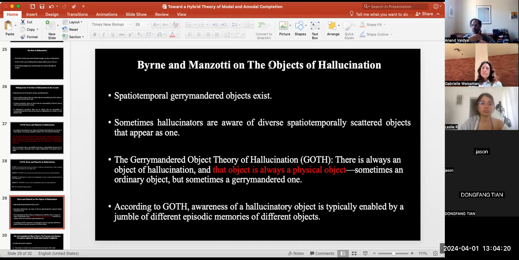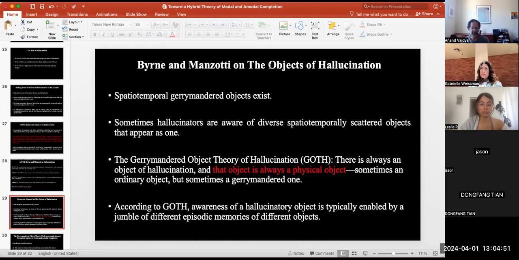Put these two together, you can have a gerrymandered object that's spatially and temporally constructed. So sometimes hallucinators are aware of diverse spatially, temporally scattered objects that appear as one. So something is appearing as one in their hallucinatory experience, but what it is, is a spatially temporally scattered object where temporal parts from the past and space come together through the brain, stitching together what's going on in the present moment with what you perceive.